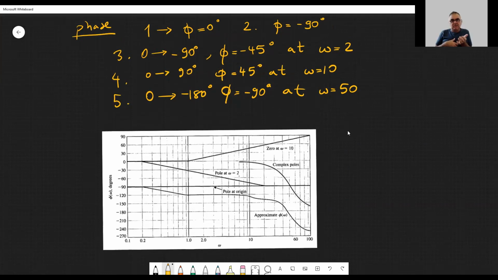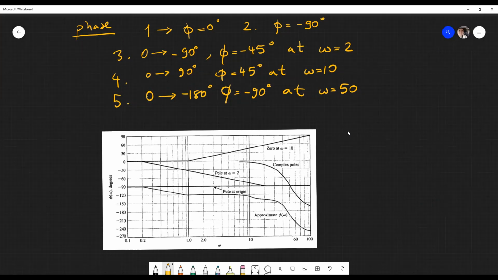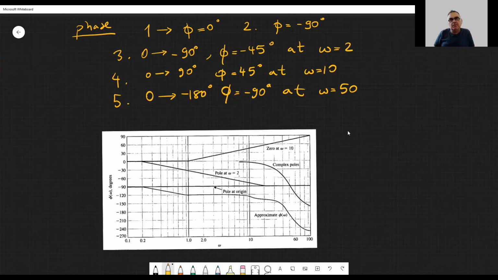Well, these angles show the phase angles. Have we represented these angles in a graph, or do we just know them from the equations? Well, we find them from the equations, yes, for individual terms. We find the phases of the individual terms and then add them up.